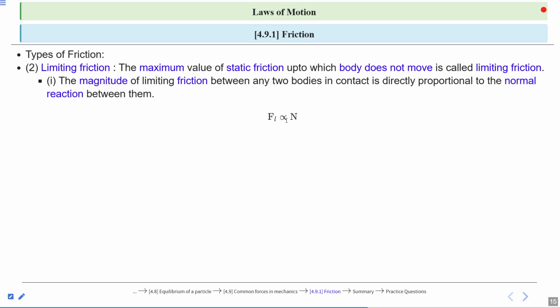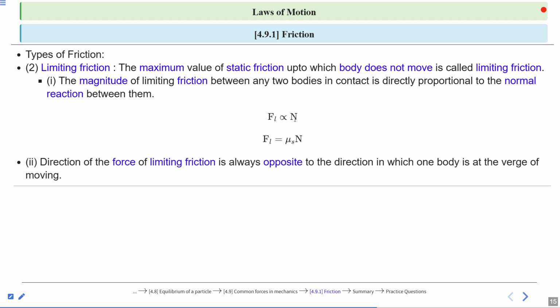Removing the proportionality sign, there is a constant, mu s. So FL is equal to mu s N. Limiting friction is equal to mu s times the normal reaction. The direction of the limiting friction is always opposite to the direction in which the body is at the verge of moving.